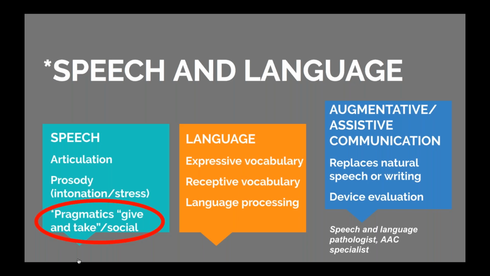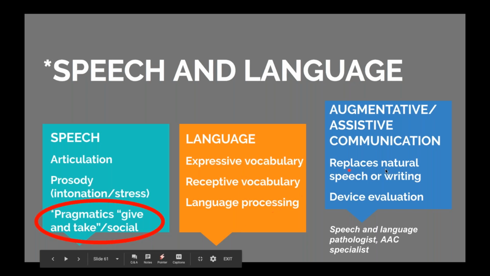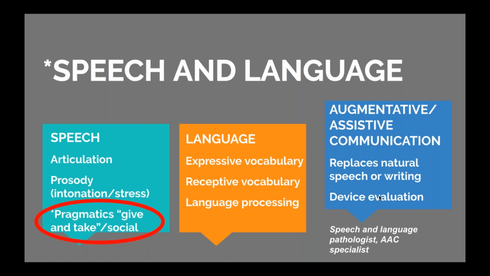Does the child talk like this? Or do they talk really softly? Or do they talk too loudly? The prosody, how they speak, is really important, again, because you're looking at making friendships and living independently and having regular conversations with people. So the speech and language pathologist is going to tease out the needs of the child as related to speech.